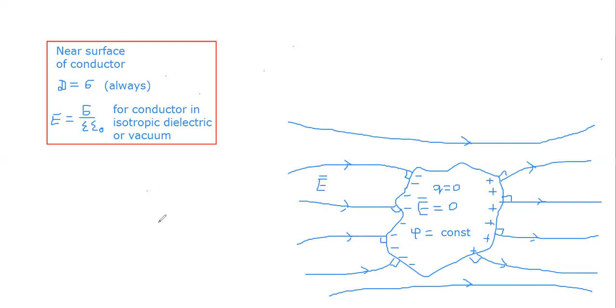What is this? This is a wire. I'll draw a cross section of this. This is a wire inside a cylindrical conductor.